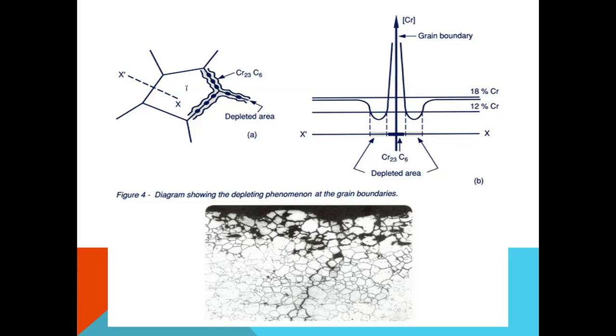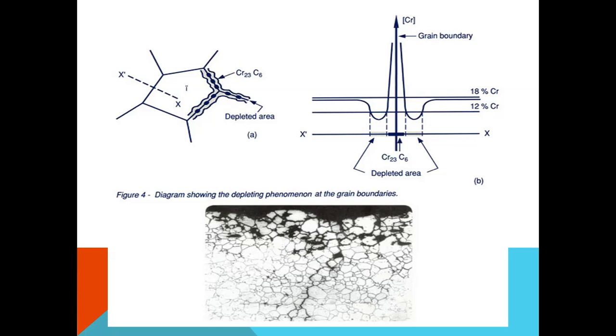This shows Cr23C6 and this depleted area. At the chromium boundary, 80% chromium, Cr23C6, depleted area, cathode area and anodic area. The diagram shows the depletion phenomena in the grain boundary.